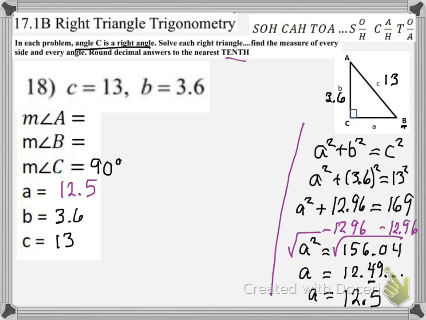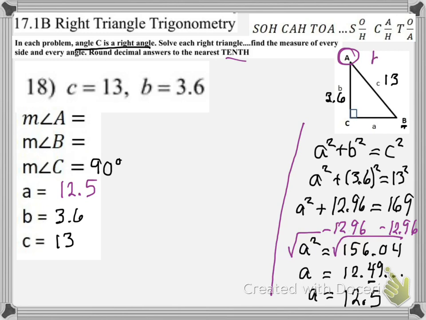I need to go back and find my angles. I don't know any angles yet, so I'm going to have to use sine or cosine or tangent. I'm going to look at my triangle and analyze. If I want to find angle A first, I'm going to work with angle A. I don't know the side opposite A, that would be lowercase a.